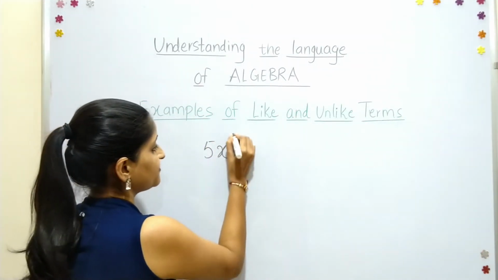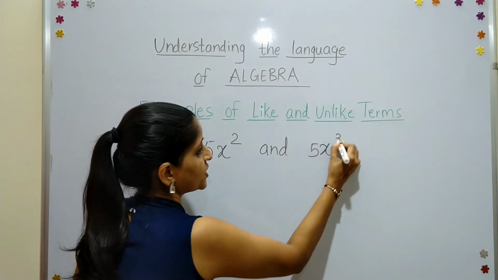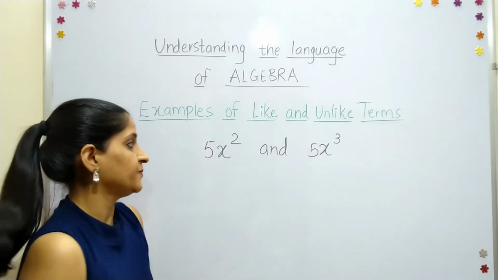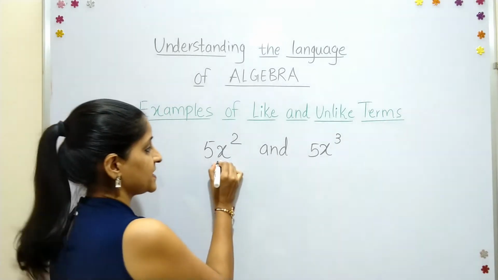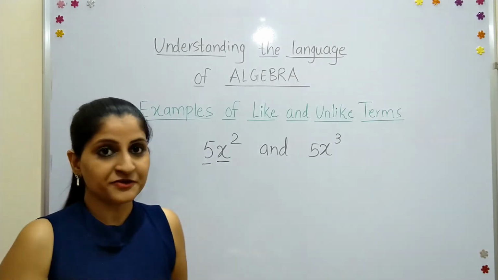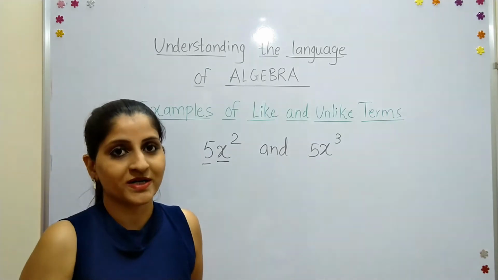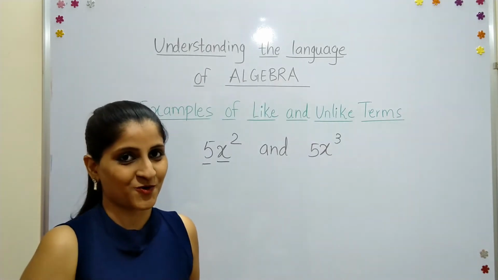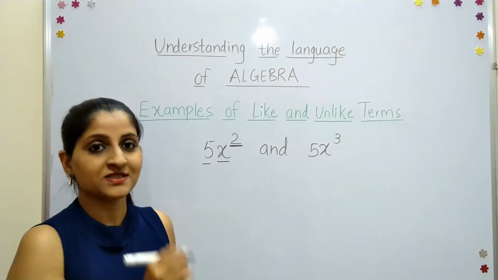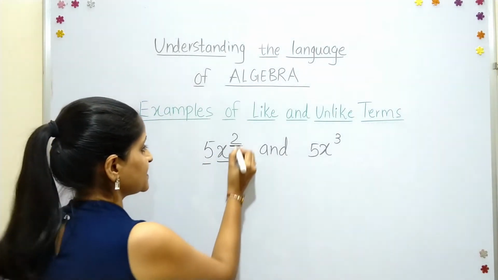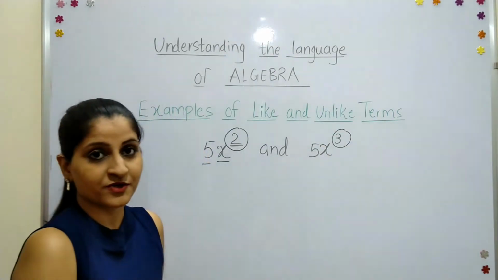Example, I write 5x square and 5x cube here on my board. Most of my learners will get confused here saying that there is x and there is 5, everything is similar, that's why 5x square and 5x cube will be called like terms. But there you go wrong. Actually, you have to see the power to which the x is raised. x is raised here to the power of 2 and x is raised here to the power of 3.